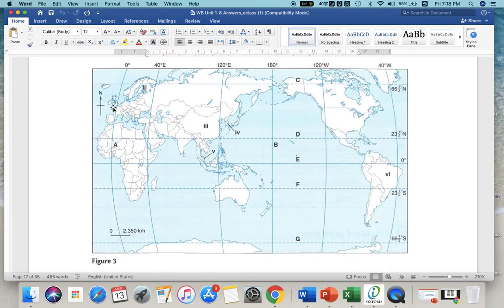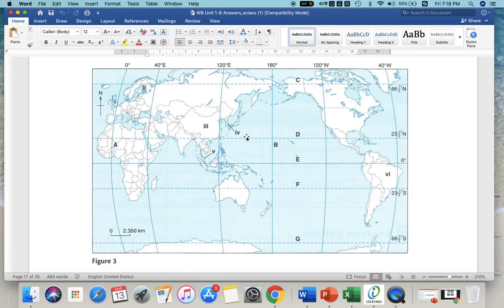So number 1 here should be the United Kingdom, UK. Number 2, here in the northern part of Europe, is Finland. Number 3, of course you would recognize the shape of the country. This is China.